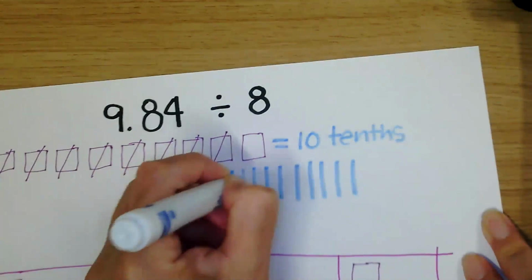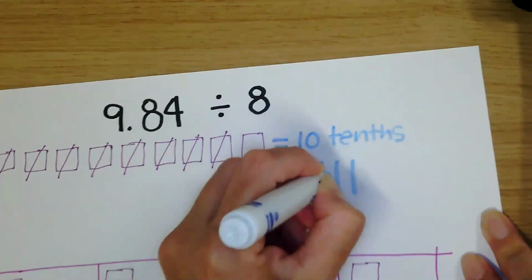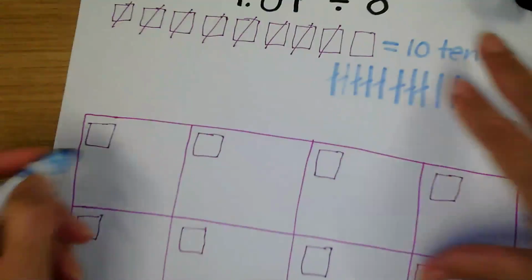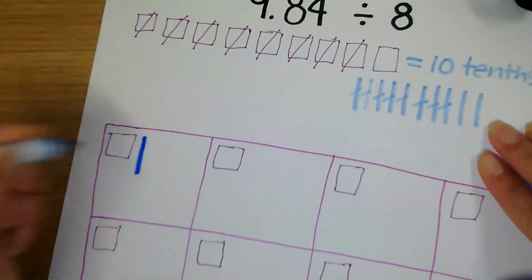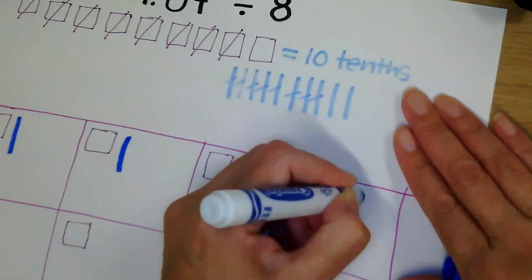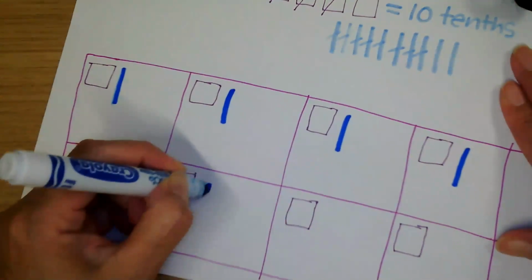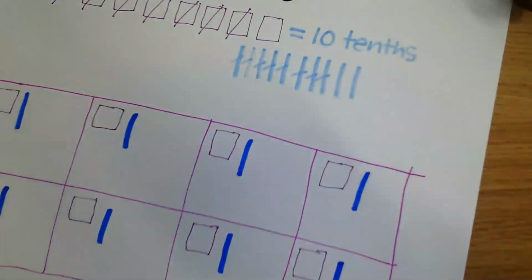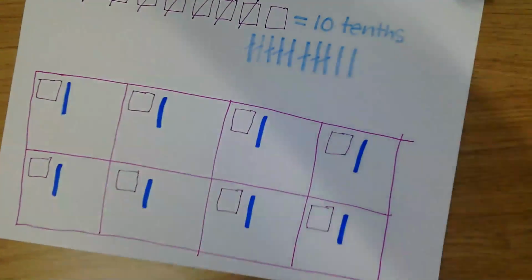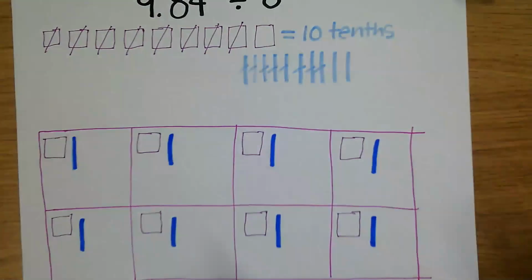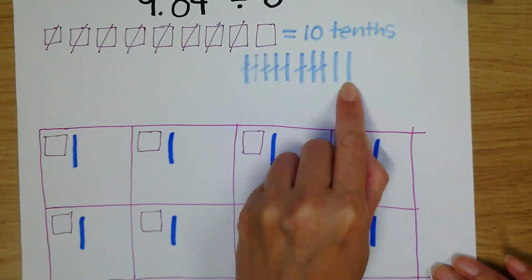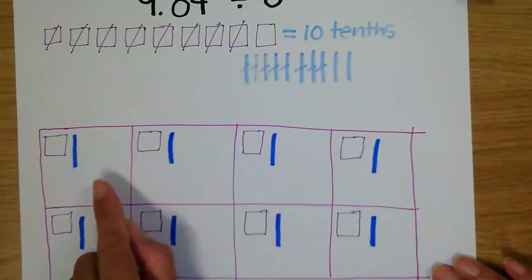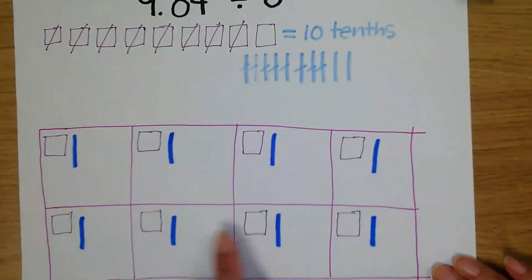So we're going to say 1, 2, 3, 4, 5, 6, 7, 8. We put away 8 tenths. However, we still have 2 more tenths left, but we don't have enough tenths to put in.